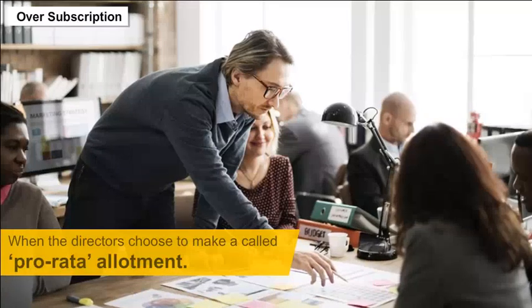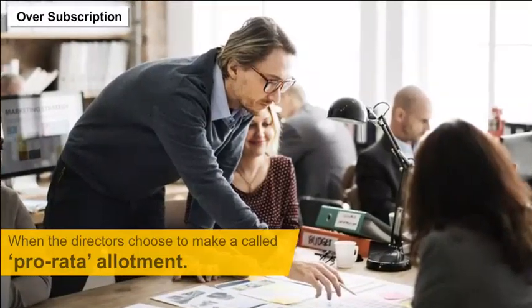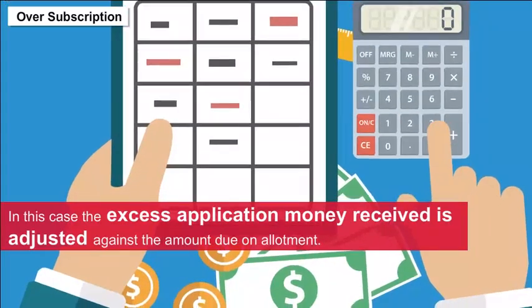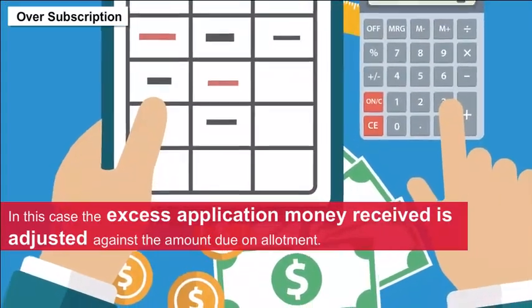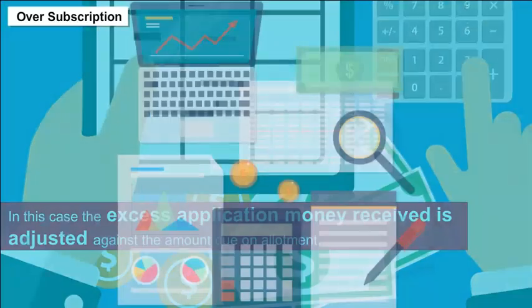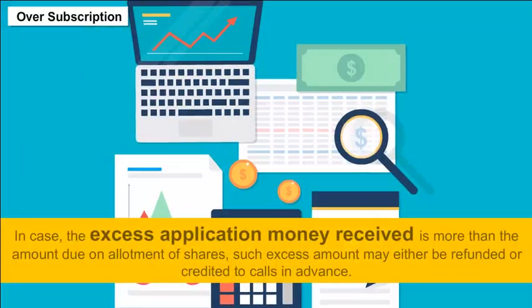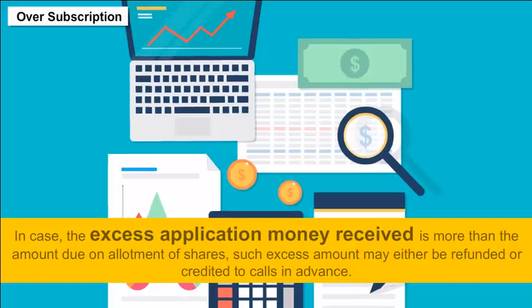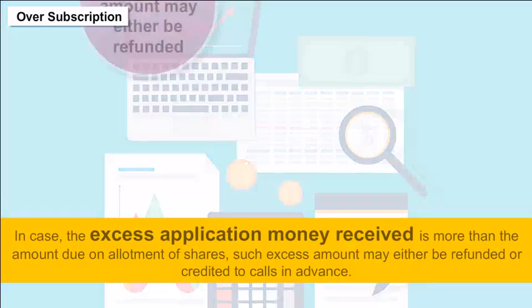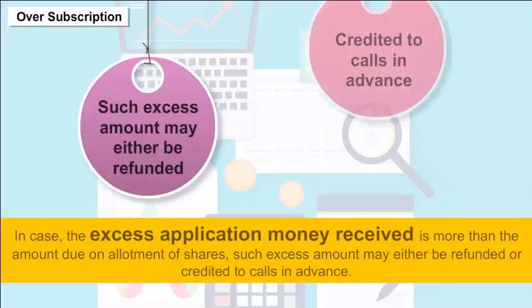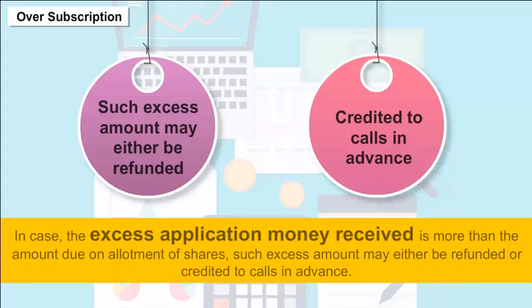2. When the directors choose to make a pro rata allotment. In this case, the excess application money received is adjusted against the amount due on allotment. In case the excess application money received is more than the amount due on allotment of shares, such excess amount may either be refunded or credited to calls in advance.